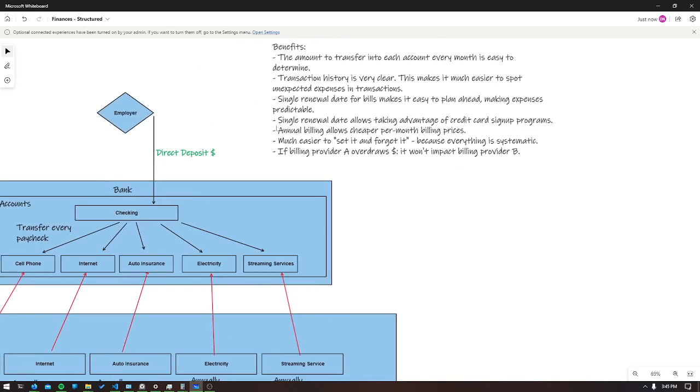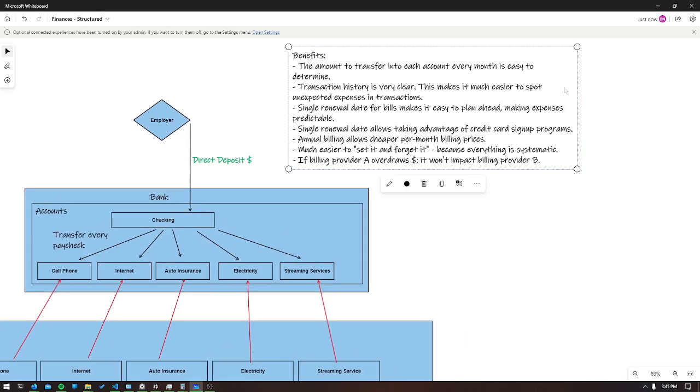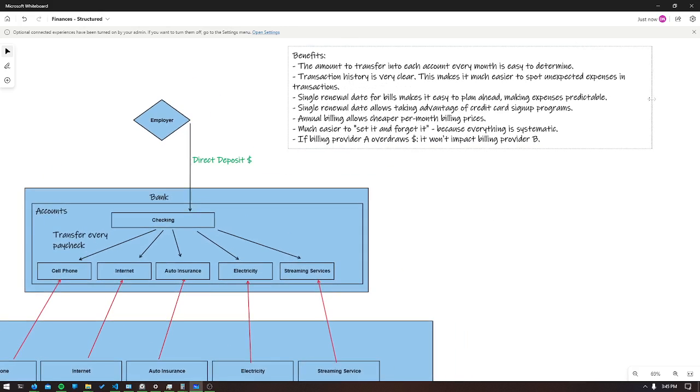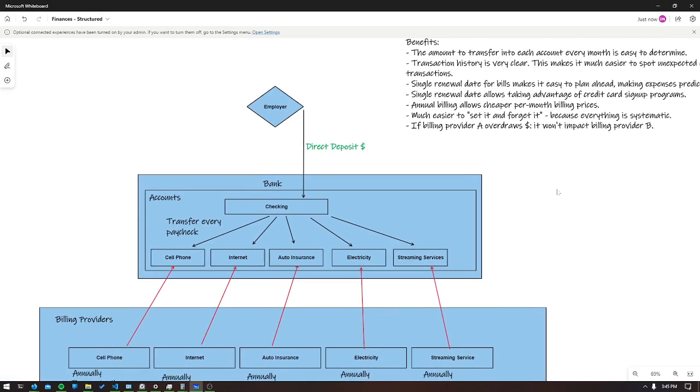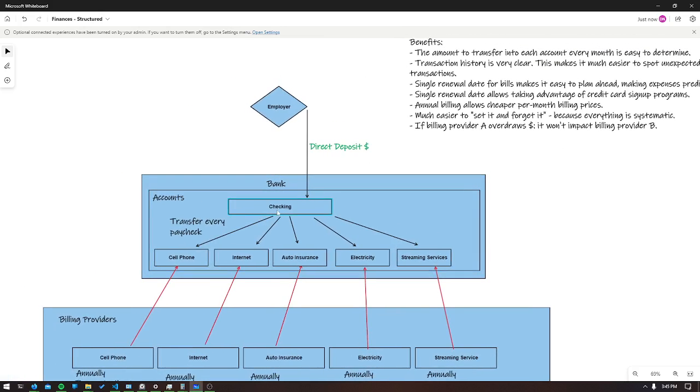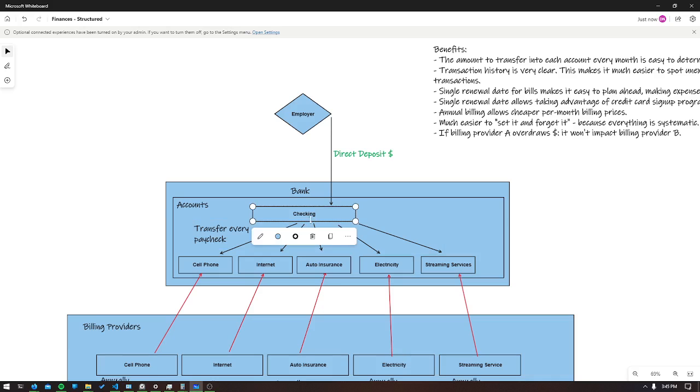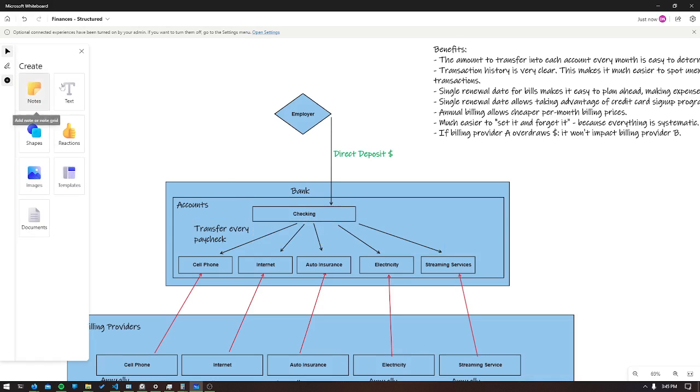So to look at the benefits of this, every month, the amount that you need to transfer into each of your accounts is very predictable and understandable. For example, if I have a $15 a month streaming service, I need to transfer $15 every month or every paycheck into this account. And that's it.